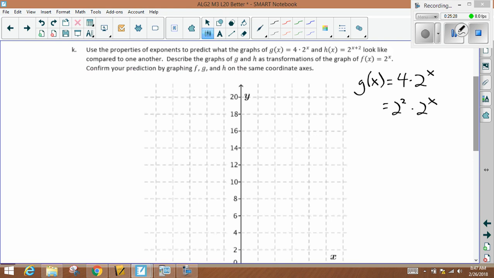I think that's easier to look at. I can use my properties of exponents to say that this is 2 to the 2 plus x power, can't I? So they're the same. That's equal to h of x.